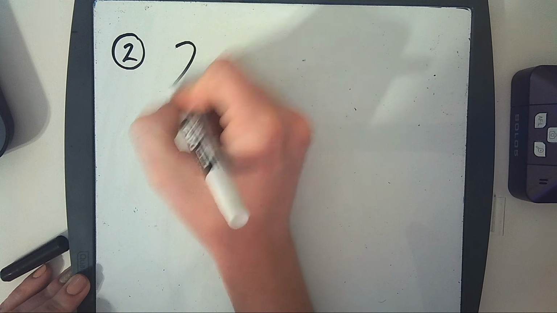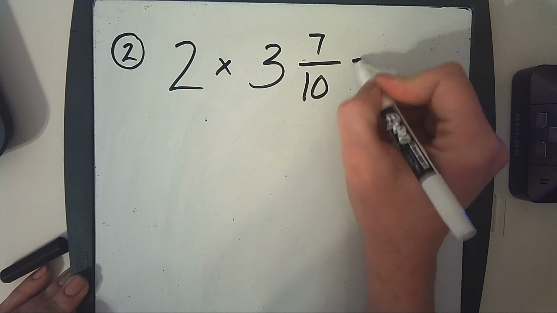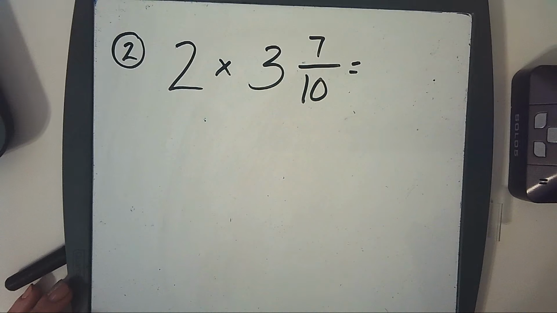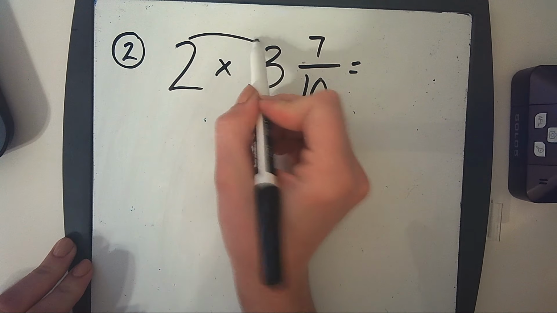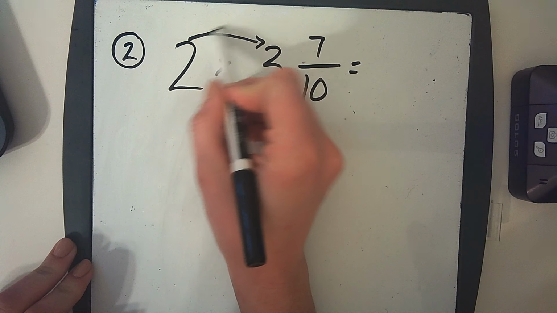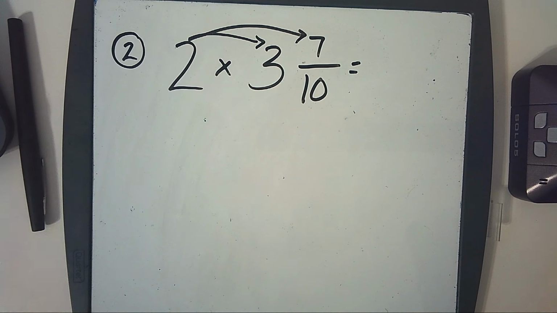Number 2 is 2 times 3 and 7/10. First thing that we are doing is drawing our arrows to represent the distributive property that we will be using.